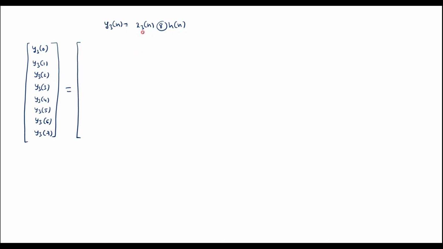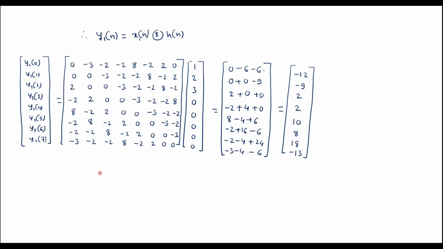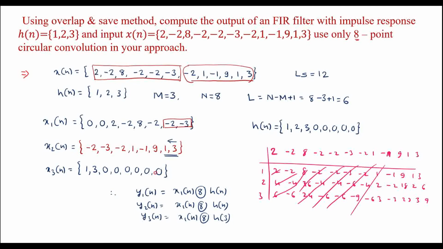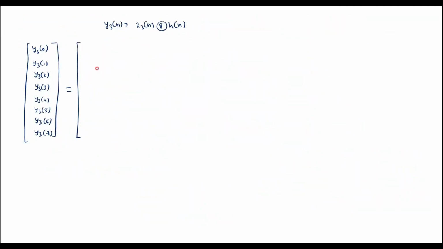So first write x3 of n sequence vertically. So x3 of n contains 1, 3, rest all are zeros. 1, 3, 0, 0, 0, 0, 0 and 0.